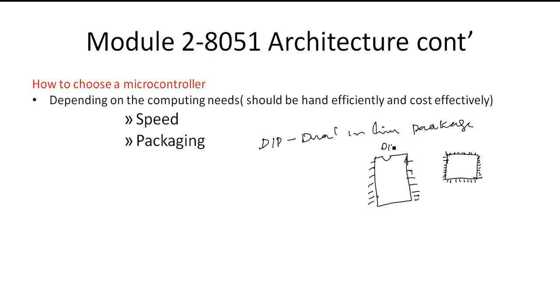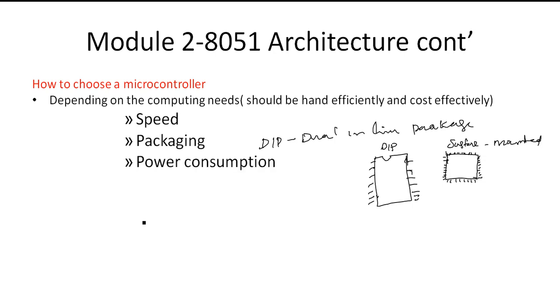So this is the DIP structure, and this is a surface mounted IC. Such ICs are very popular. If you open a laptop, you can see many, or the microprocessor itself looks like this. So packaging is also an important factor while choosing a microcontroller.